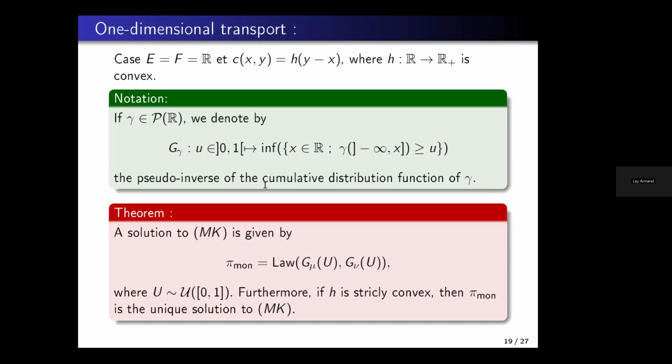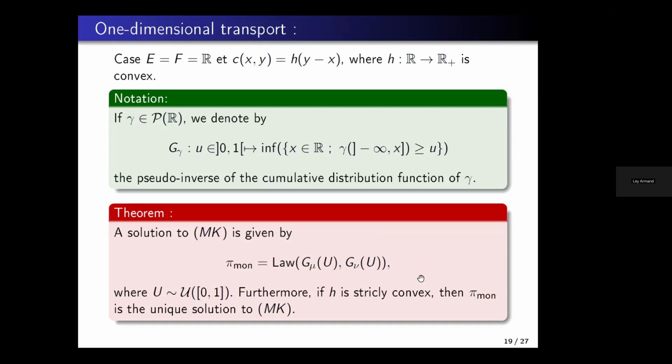For example, you can imagine the square distance. Then you know the solution explicitly of your optimal transport problem, and it is given by a particular transport plan, which is called the monotone transport plan.